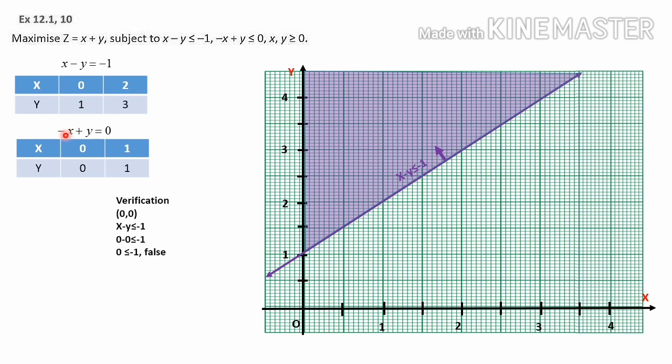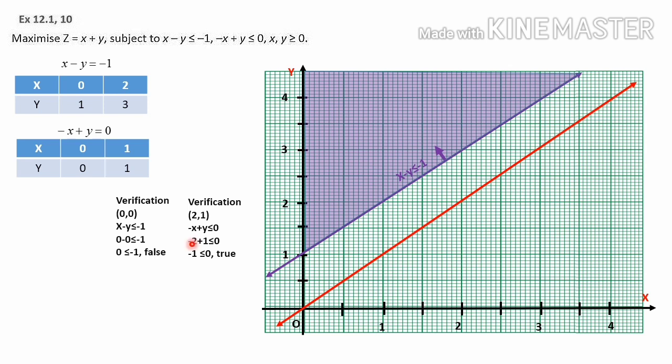Next is minus x plus y equal to 0. We are going to represent (0, 0). This is one point. Next is (1, 1), which will come here. By connecting these two points, we draw a line. Again we go for a verification part. Since the line is passing through (0, 0), it's not possible to take that point. So I'm taking another point, (2, 1), which lies below the red line.